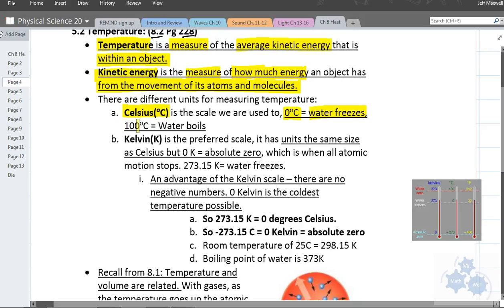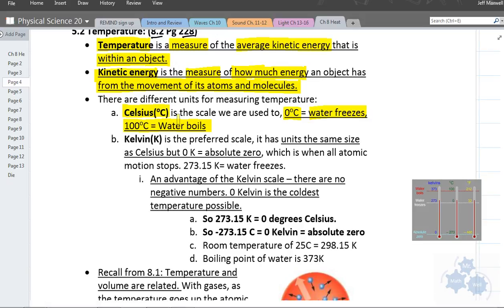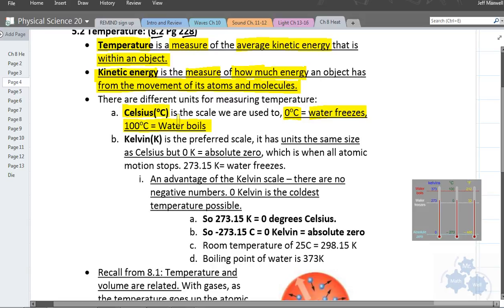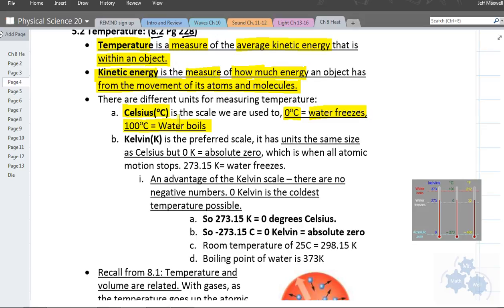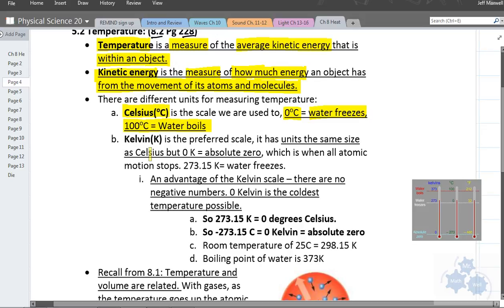When water boils, it's at 100 degrees Celsius. Okay? Now, there are conditions that would change these temperatures, like pressure, and all that sort of stuff, that water might boil at a little bit different temperature, but on standard conditions, at sea level, standard atmospheric pressure and that sort of thing, pure water would boil at exactly 100 degrees Celsius. So that's the basis of the scale, the properties of water.